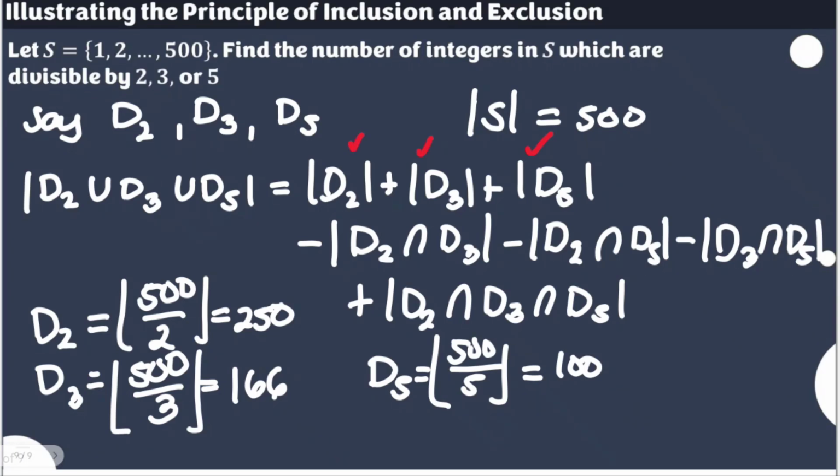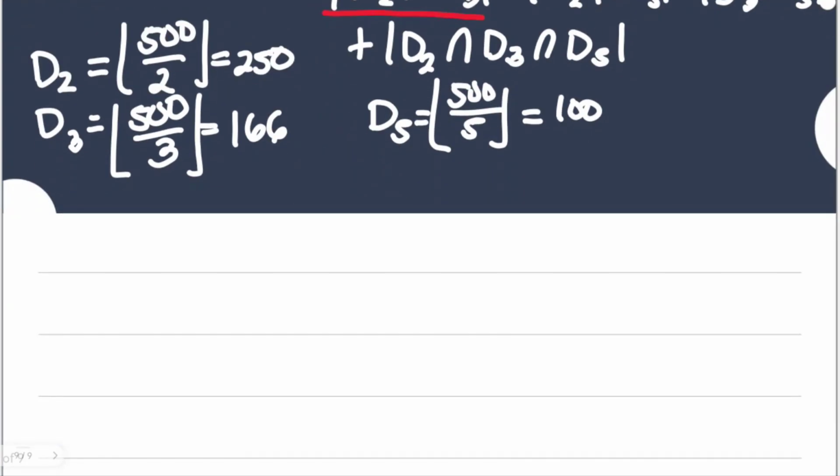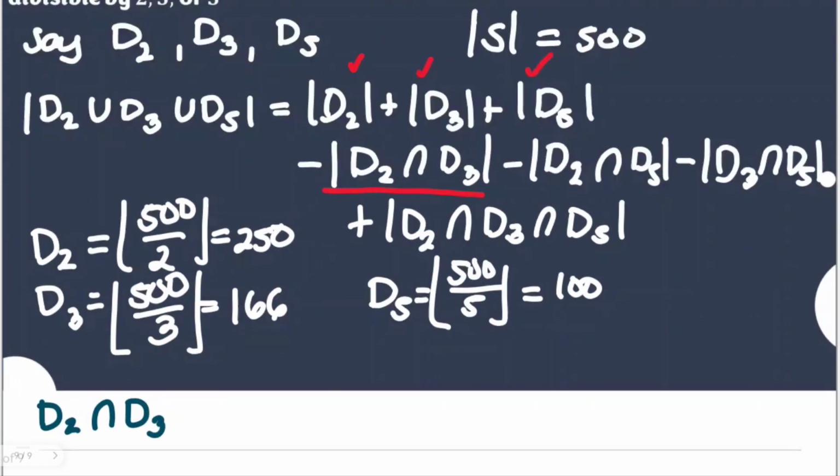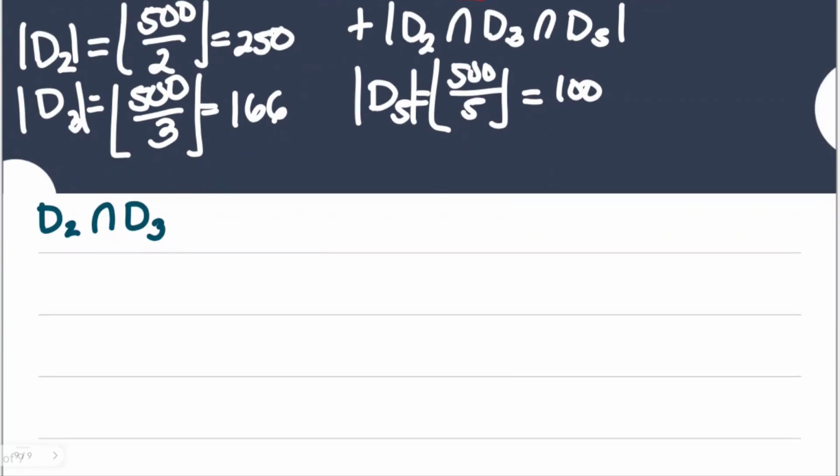The next one here is the intersection of d sub 2 and d sub 3. When you talk about the intersection of d sub 2 and d sub 3, by the way, before I forget, these are all cardinality. That's why I also need to place cardinality here.